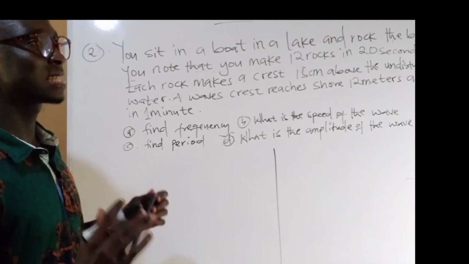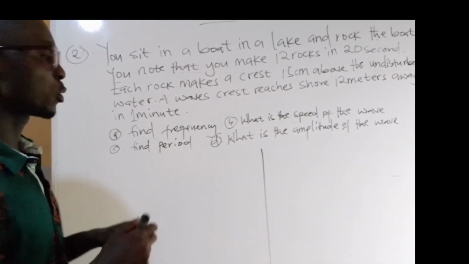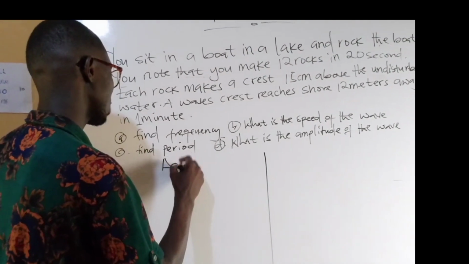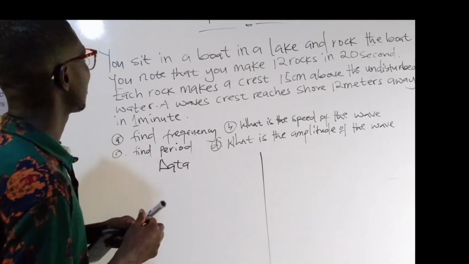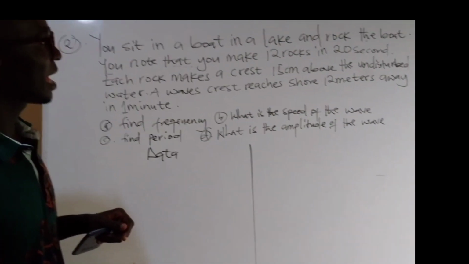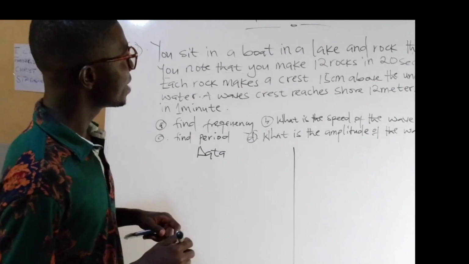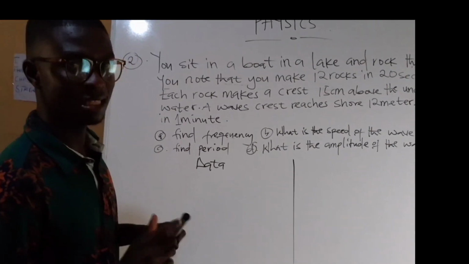So, when given this type of question, the first thing you have to do is write down your data. What is given in the question? So, we are going to write down all that is given in the question. Now, you sit in a boat in a lake and rock the boat. You note that you make 12 rocks in 20 seconds.